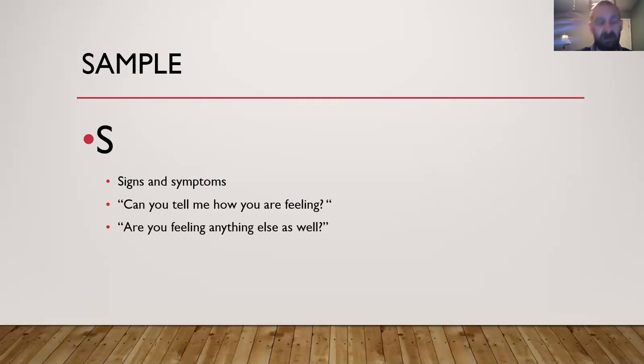And once they tell us that, let's ask them a follow-up question here. Are you feeling anything else as well? That might trigger something like, one thing is worse, but I am also feeling this second thing here too. So once we ask them what they're feeling, let's follow that up with, are you feeling anything else as well?